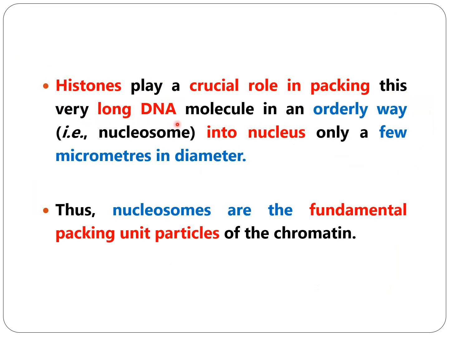The very long DNA molecules have to be packed in the nucleus, which is about a few micrometers in diameter, so it has to be done in an orderly manner, and here the histones will play a crucial role in packing this very long DNA. Thus, these nucleosomes are called the fundamental packing unit particles of chromatin.